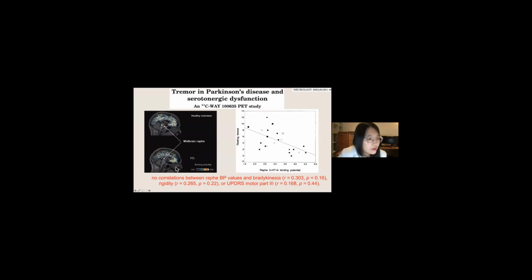In PD, serotonin receptor expression is decreased in the raphe nucleus of the midbrain and cerebral cortex. There was no significant correlation between loss of serotonergic function and bradykinesia or rigidity. However, there was an inverse correlation between serotonin binding in the raphe and resting tremor.